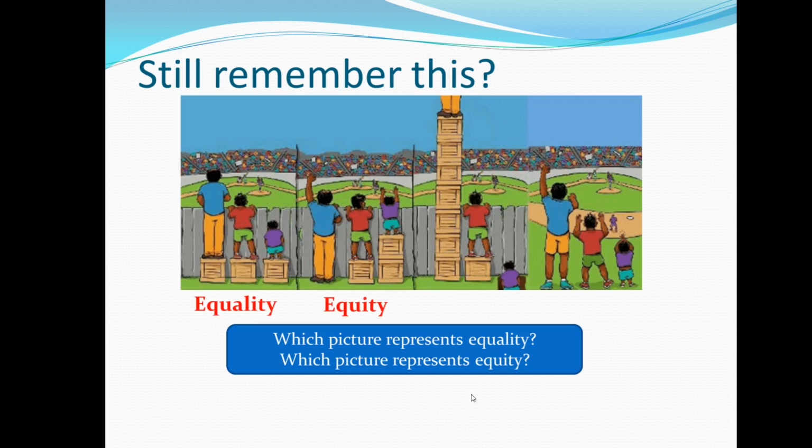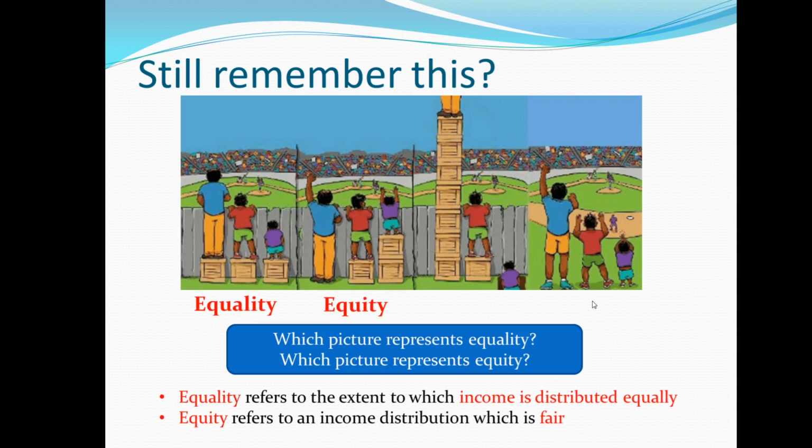So when we talk about equality in income or equity in income, this is how we define it in economics. Equality means income is distributed equally. But equity is trying to say that the income distribution should be fair.